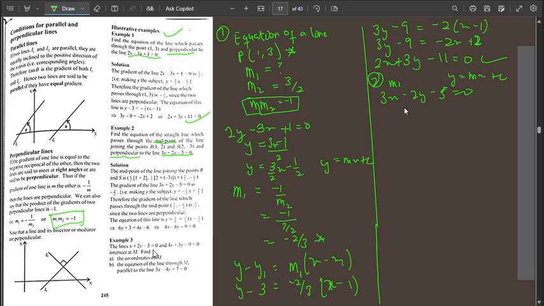So expressing this in the form y is equal to mx plus c, I have y is equal to 3x minus 5 over 2. That's y is equal to 3 over 2x minus 5 over 2. So that is my equation. That means that m1 is equal to 3 over 2. The gradient of this line is 3 over 2.